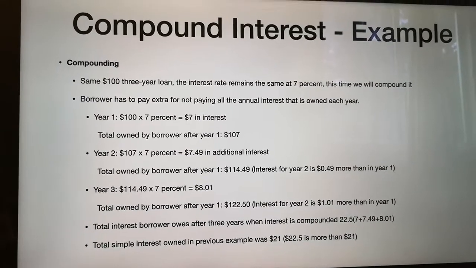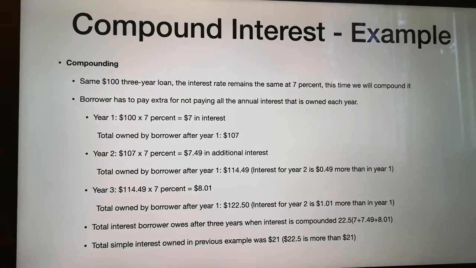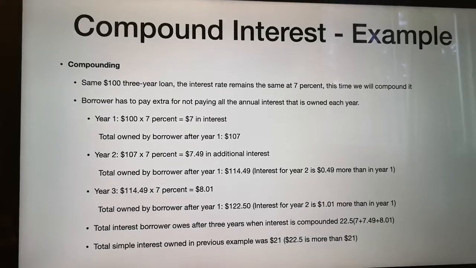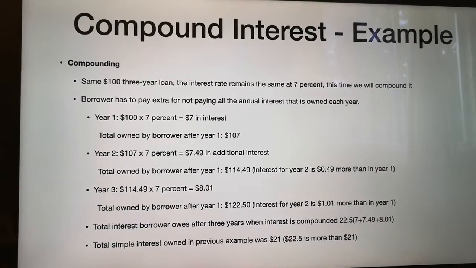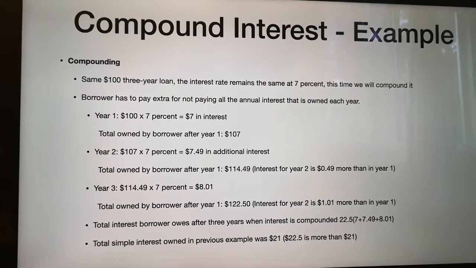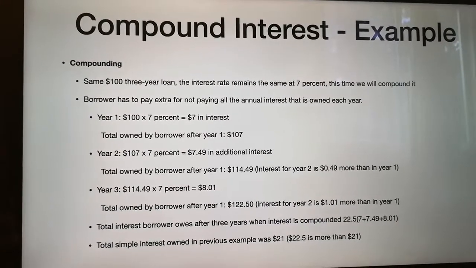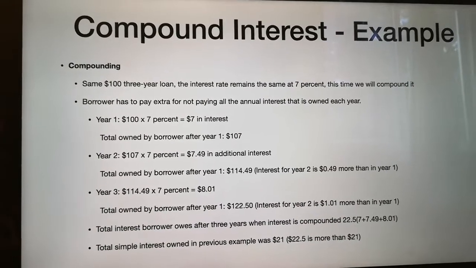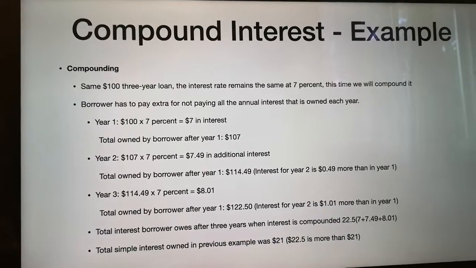For the third year, you end up with all the principal and the unpaid interest together. That is 7% of $114.49. So the total interest for the third year is $8.01. So overall for the 3 years, the compound interest is now $22.50, which is much more than the $21 from the simple interest calculation.